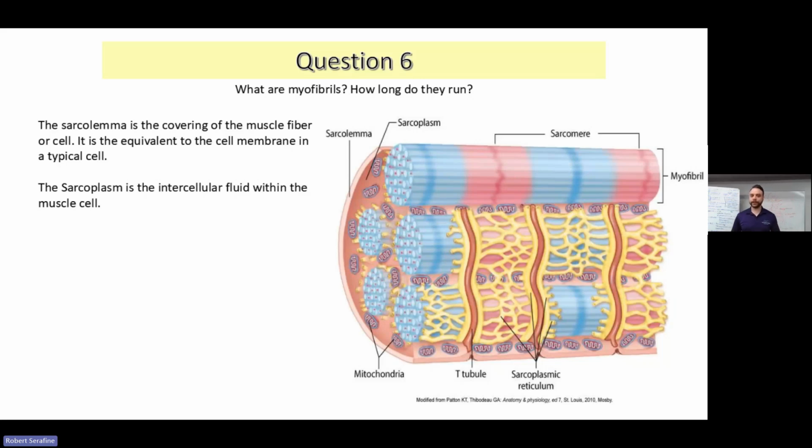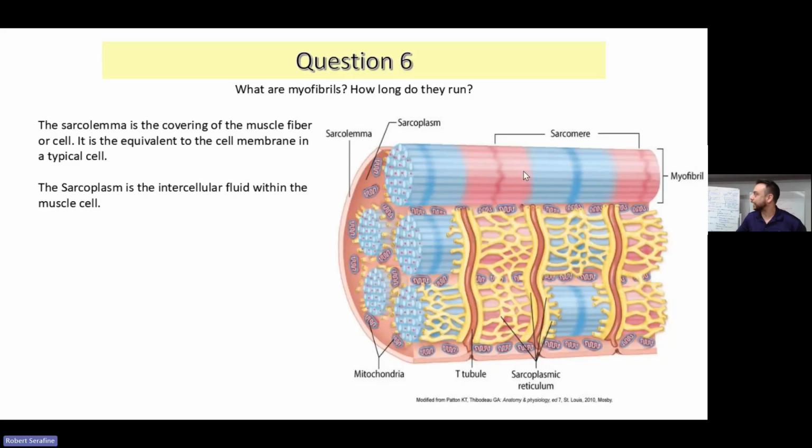A myofibril is long strands of what's called sarcomeres. And these myofibrils will run the entire length of the entire muscle fiber. If you look here in the diagram, this blue and red striped thing is the myofibril.